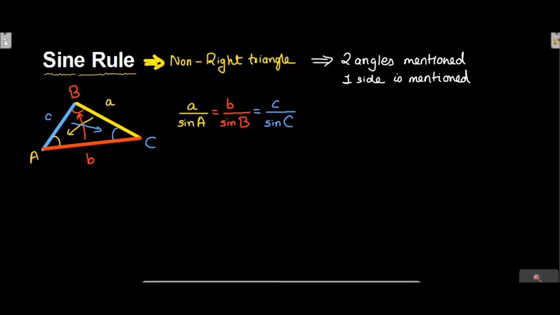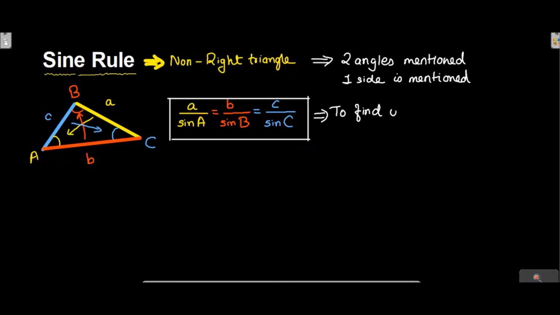And remember one thing: if the formula has the sides, small letters a, b, c, in the numerator, we use this formula if the question is asking you to find an unknown length, an unknown side.